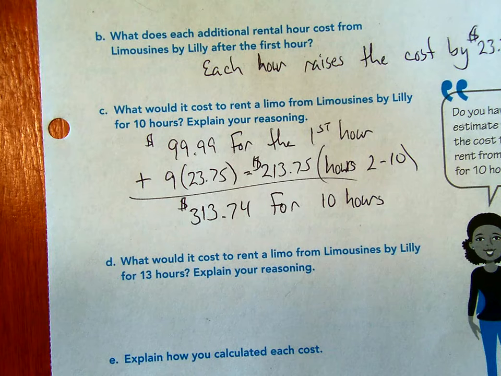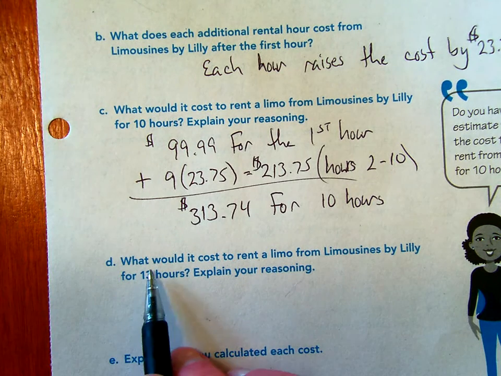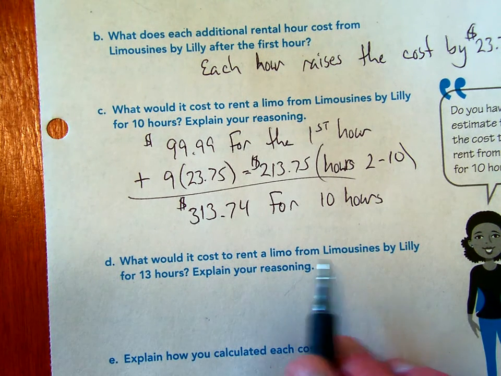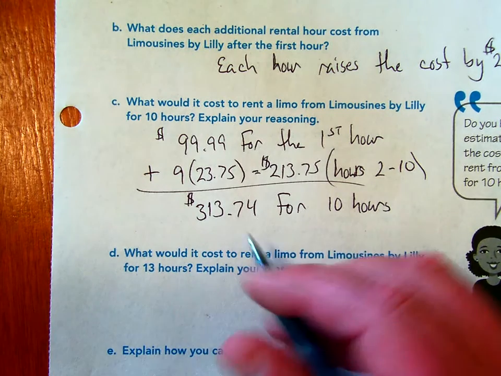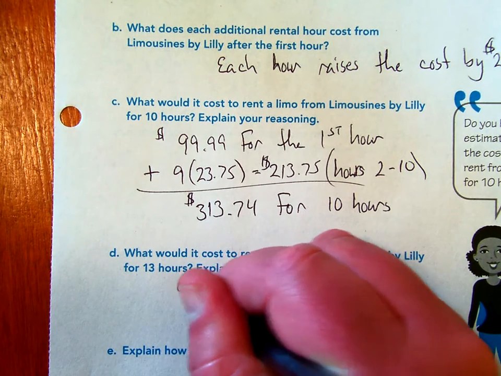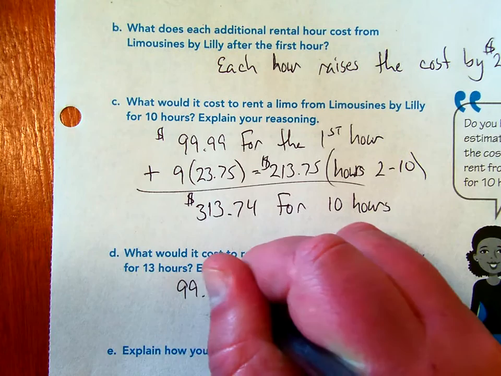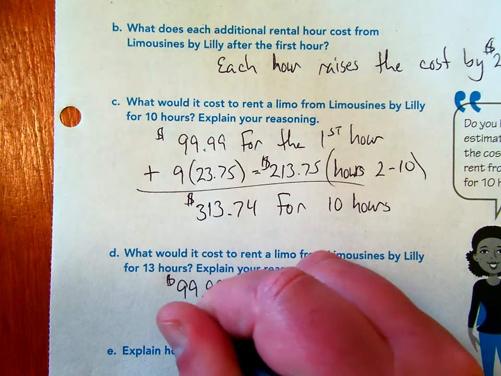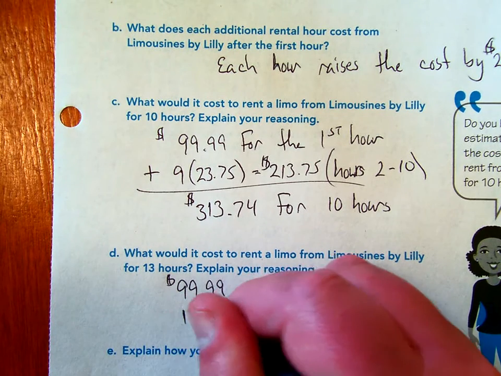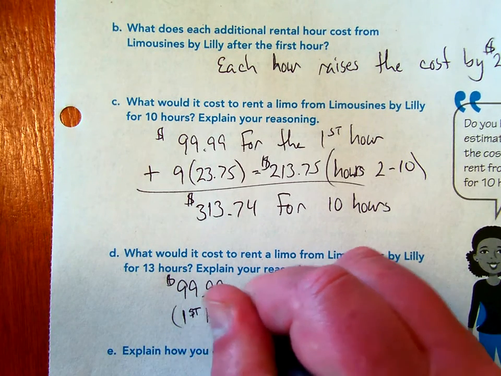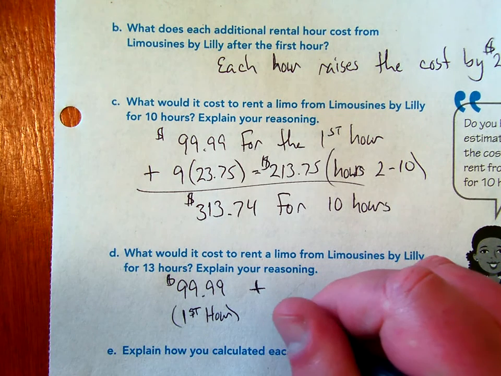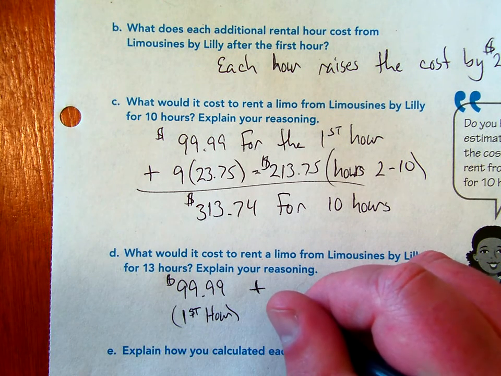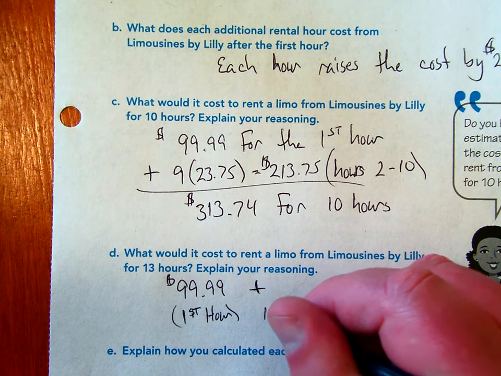And then on letter D, what would it cost to rent a limousine from Limousines by Lily for 13 hours? And explain your reasoning. Well, again, we have the charge of $99.99, that's the first hour, plus we need 12 more hours, because we have to go 13 hours minus the 1, or 12 hours.